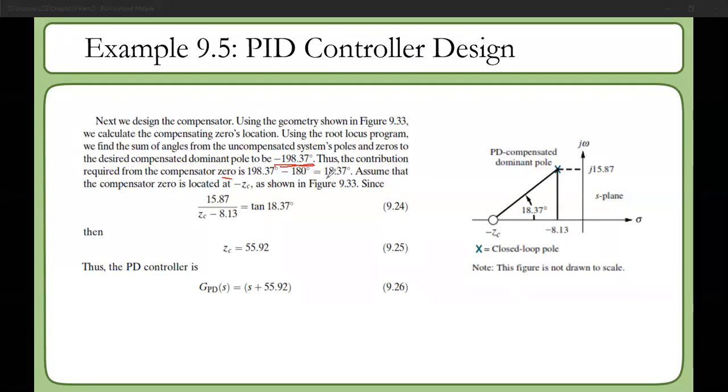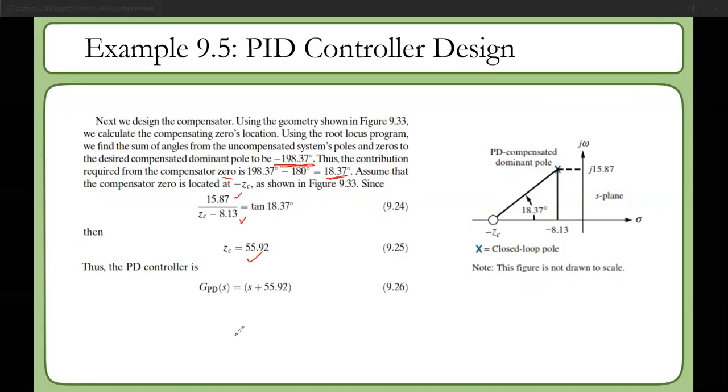So the additional angle contribution is 18.37. We know the formula, tan 18.37 is height by the base difference. From the base difference, you can find that your zero location has to be at 55.92. This is the PD controller that we have designed.